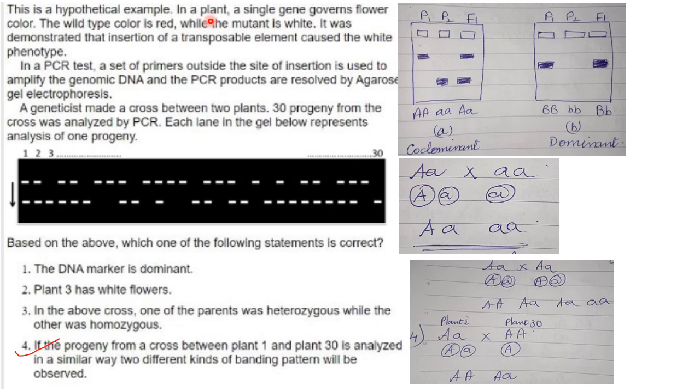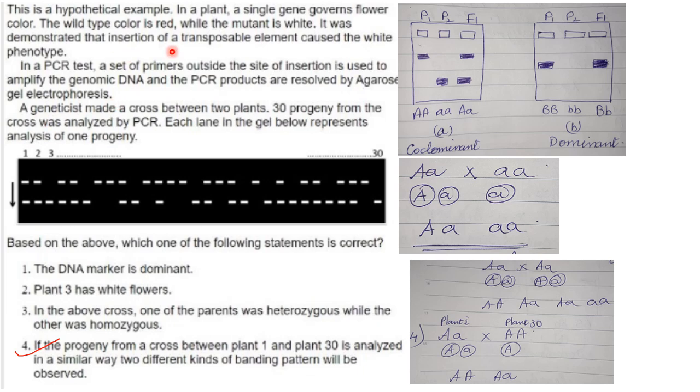So in a plant, a single gene governs flower color, and the wild type color is red and the white is mutant. Now how did the white become mutant? Because of the insertion of a transposable element. In a PCR test, a set of primers outside of the insertion site is used to amplify the genomic DNA, and the PCR products are resolved on agarose gel electrophoresis.